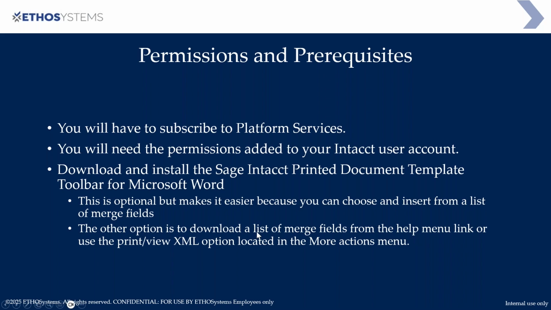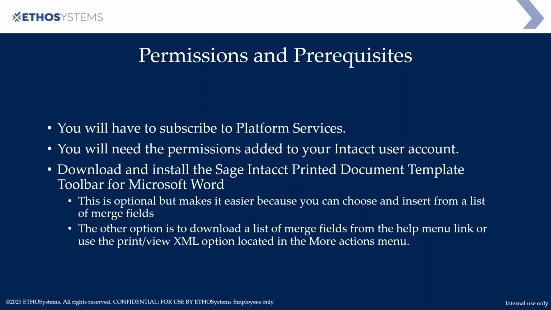And really the third option that I like to use is, depending on which transaction screen you're in, either a print to XML or a view XML option that's located in the more actions menu, and I'll go over that.